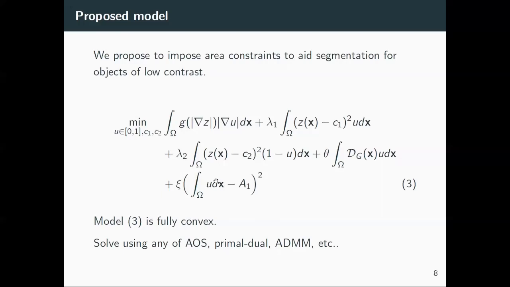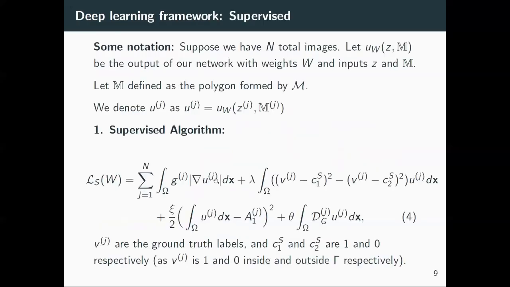Okay, so as well as the variational framework, we compose this into a deep learning framework. So it just does some notation. We have N total images, and we're using the notation where U(W, Z, M) is the output of our network, where we have a network with weights W, and the inputs to the network are the image Z and this boldface M, which we're going to define as the polygon formed by the user clicks.